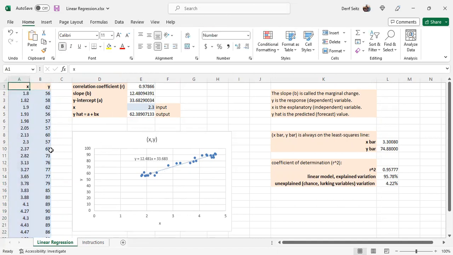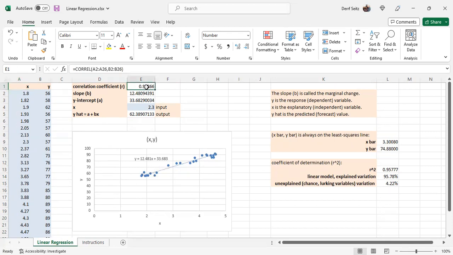If you change any value in it, it will update. It's tied to this data dynamically. It will show you the points that correspond to the ordered pairs as a dot for each point. And the best fit line, which is the least squares regression line, is also shown along with the equation for that best fit line.